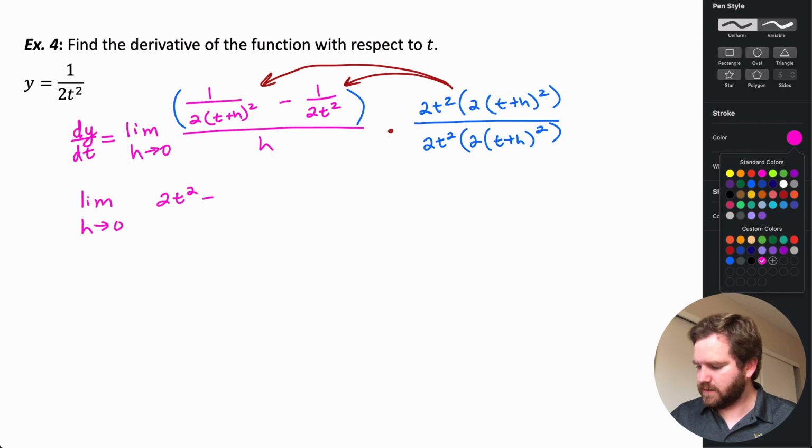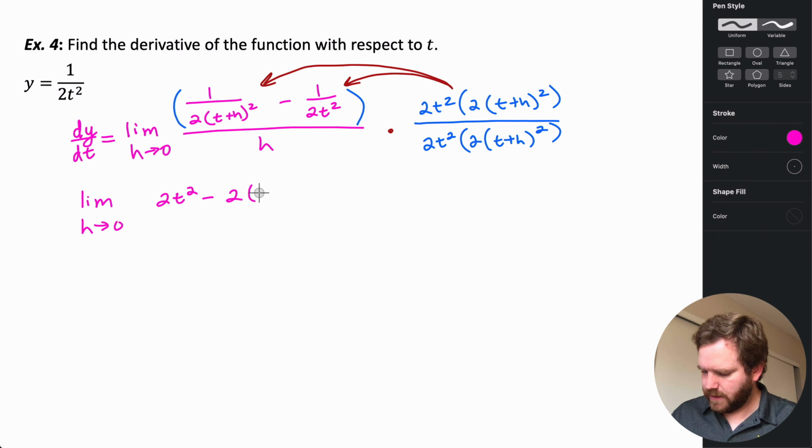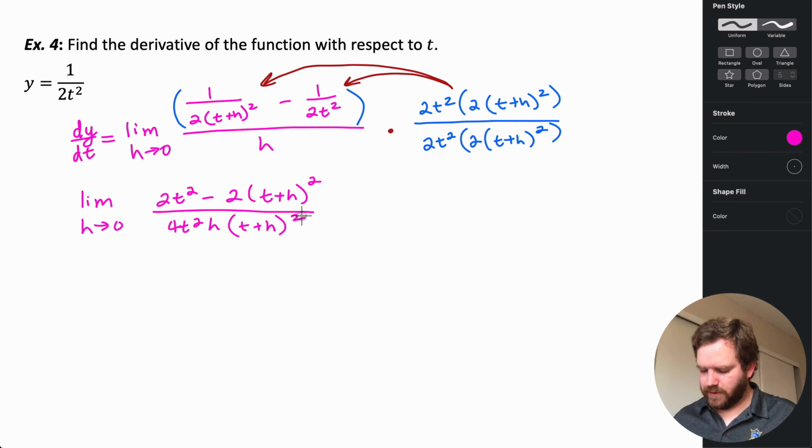So it's going to be minus 2 times t plus h quantity squared. All of this divided by 4t squared h times, I'm going to leave the bottom one ungrouped like that. I'm going to leave it factored in this form.